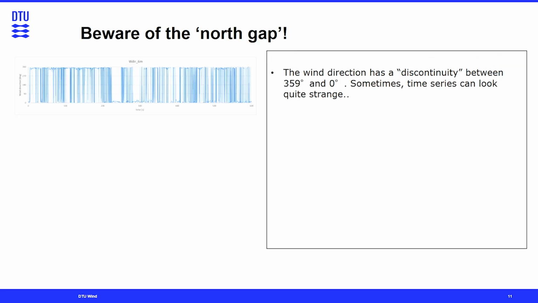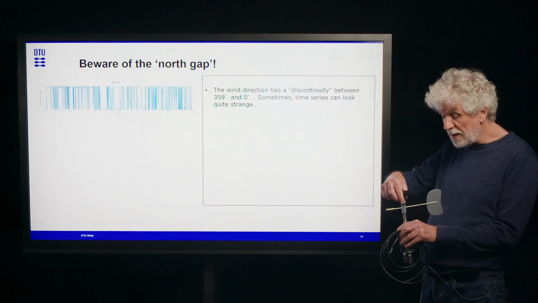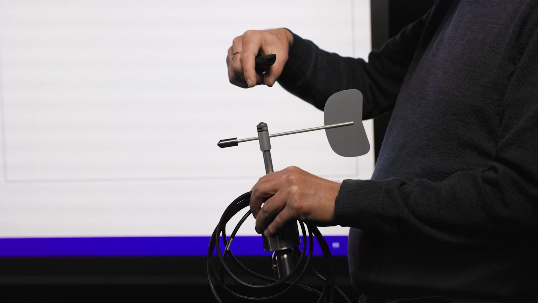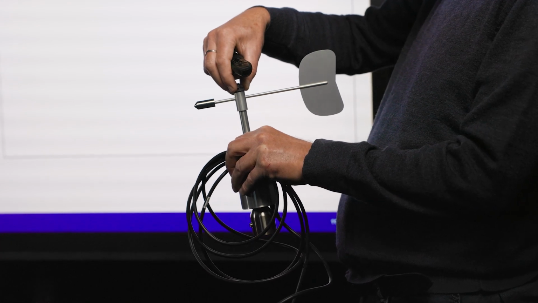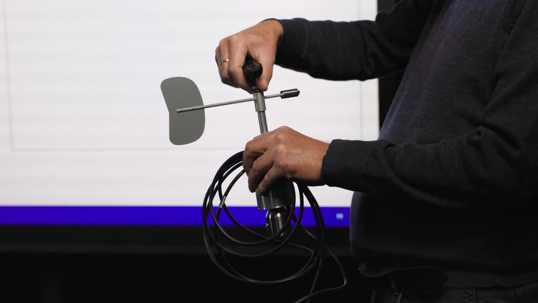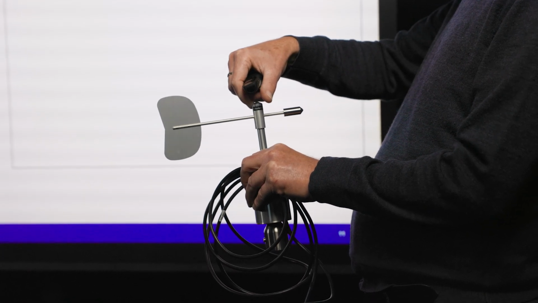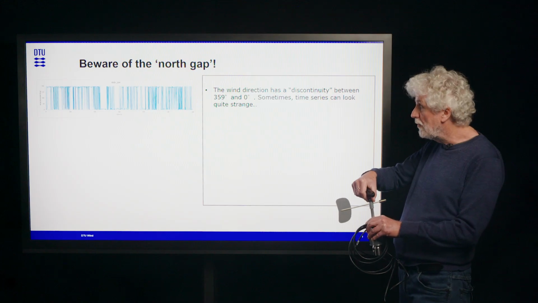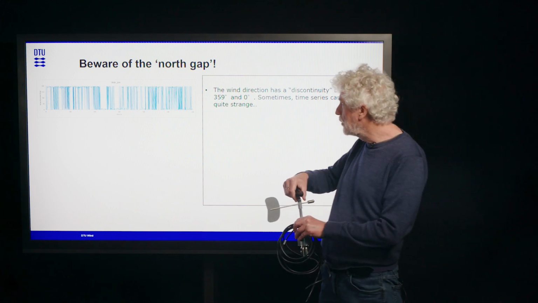Wind direction has a discontinuity because we measure cyclically between 0 and 360 degrees and then back to 0. Then we have this problem that sometimes we will have a discontinuity between 359 degrees, say there, and 0 degrees there. So when we look at a time series of wind direction, they can sometimes look pretty strange.